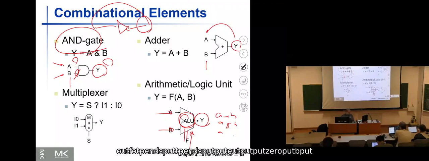The definition of combinational logic is that the output is only dependent on the input. The input might be 1 bit, might be 8 bits, but it is only the input. Okay?